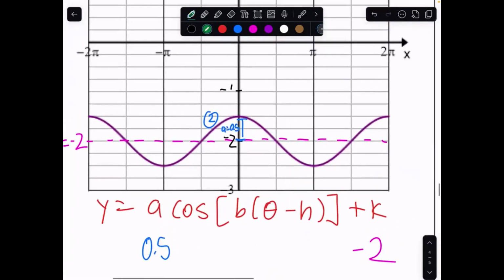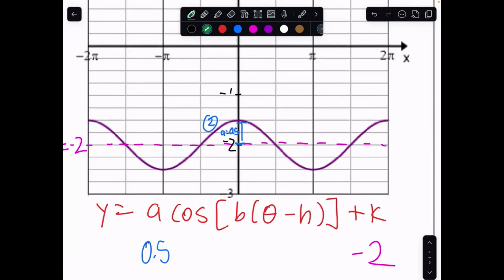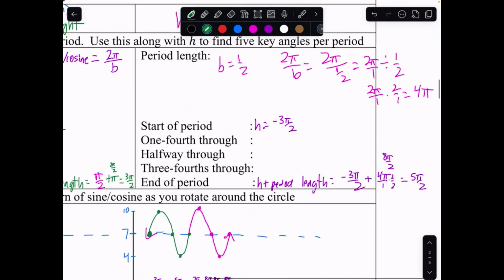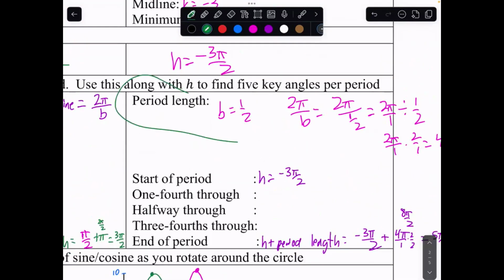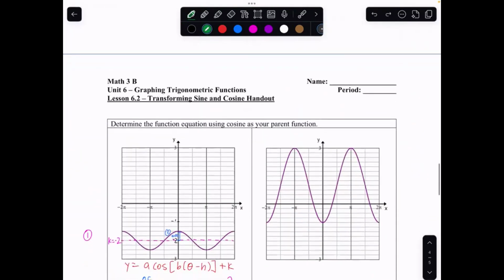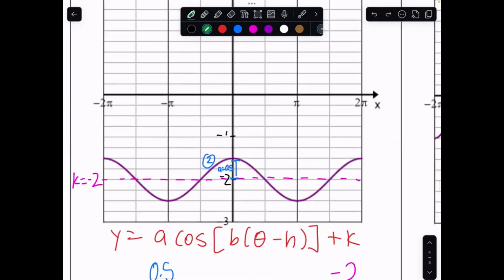Okay, third, you can do either b or h next. Let's do b. Okay, so what did b control again? b has an impact on the period length. Okay, so looking at this graph, remember a period is 1 cycle of the graph before it starts repeating. Okay, so here is 1 cycle.